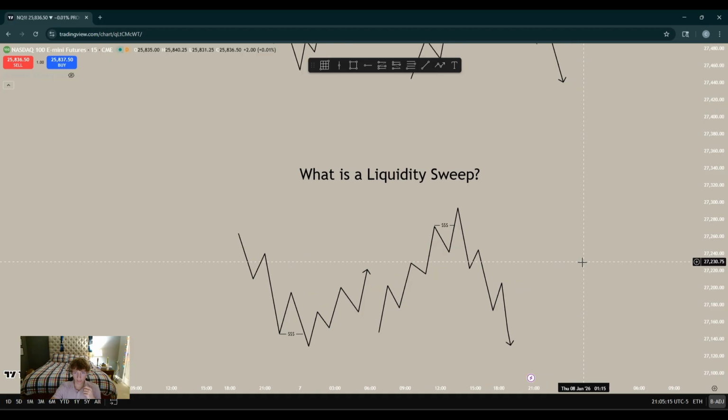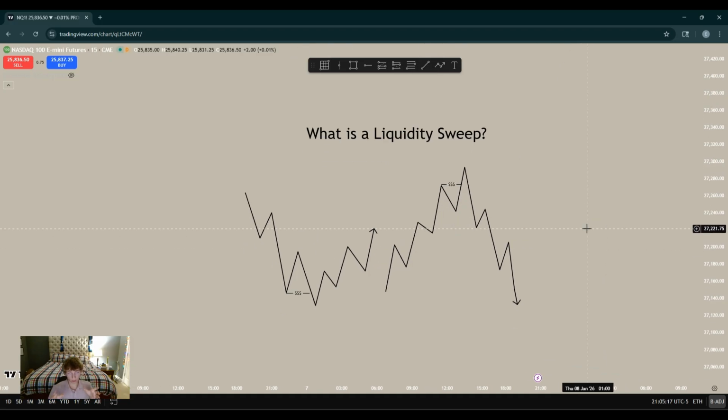So what is a liquidity sweep? A liquidity sweep is when price moves sharply below a low or above a high and creates a reversal in price in the opposite direction. So if we're in a downtrend and we sweep a low, we sweep the liquidity, we take the money, the liquidation, away from the retail traders' stop losses, and then we reverse off of it, creating an uptrend now.